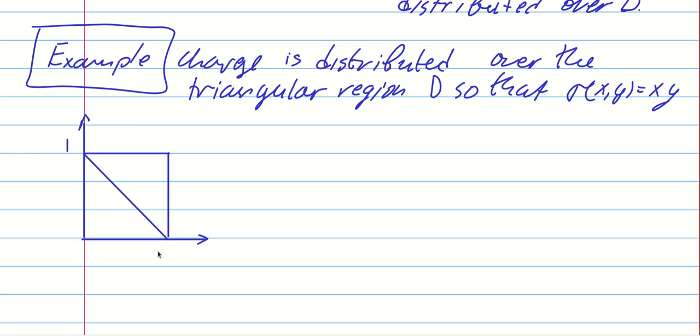So this is 1, this is 1, and this line over here is y equals 1 minus x, and y is equal to 1, and this point is 1 and 1.